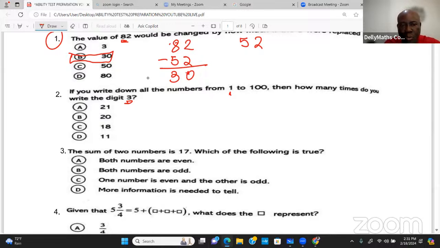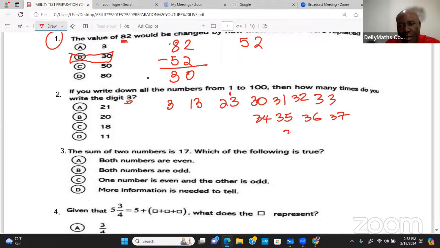You would see a 3, there would be a 13, there would be a 23, and we're going to check the 30s. So there's going to be a 30, 31, 32, 33, 34, 35, 36, 37, 38, 39.